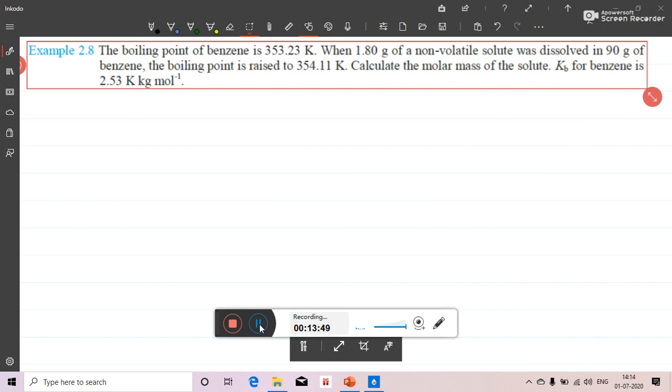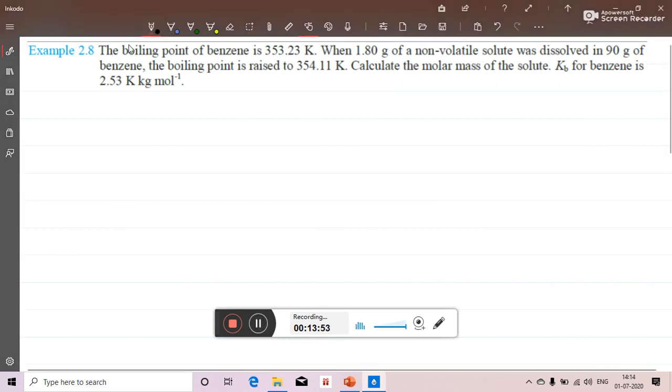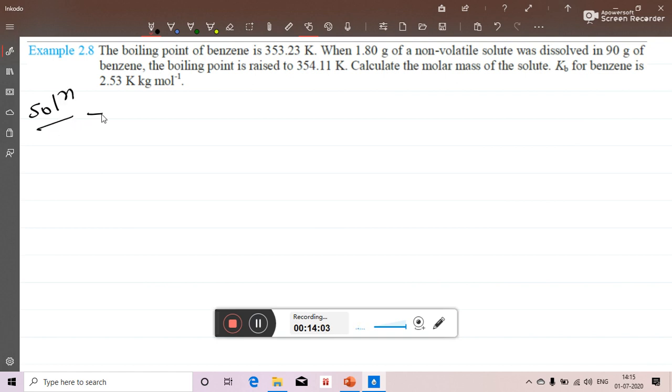Now example 2.8. The boiling point of benzene is 353.23 Kelvin. So that is TB naught, the boiling point of pure benzene.